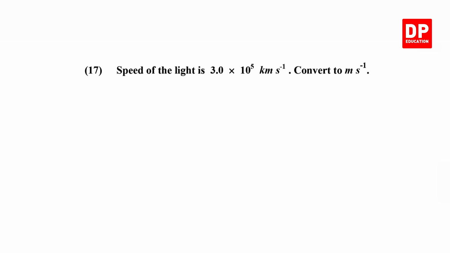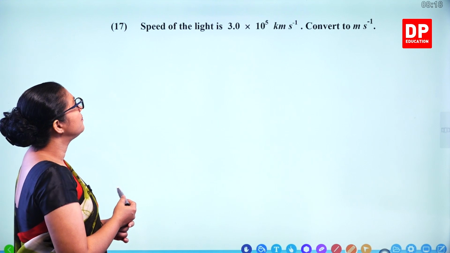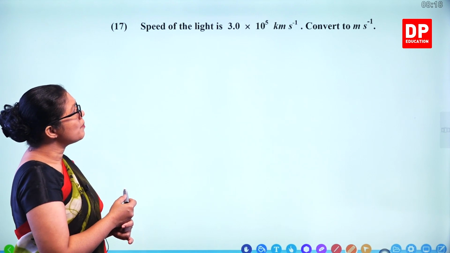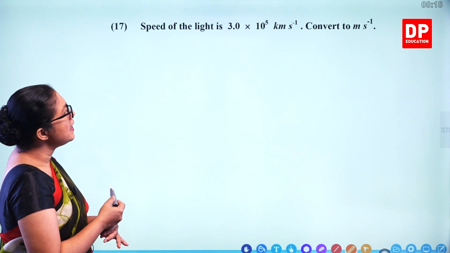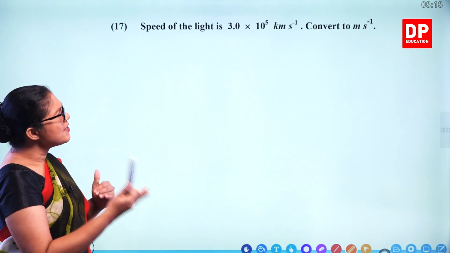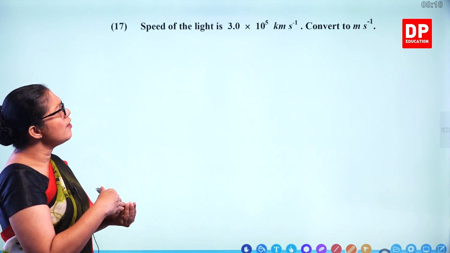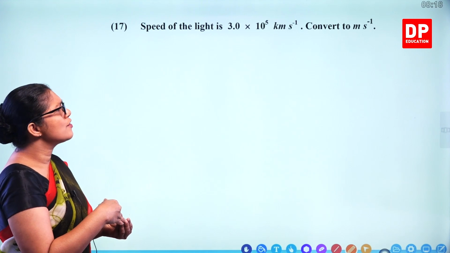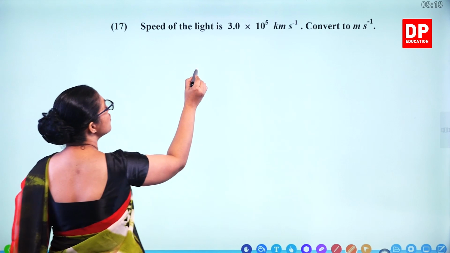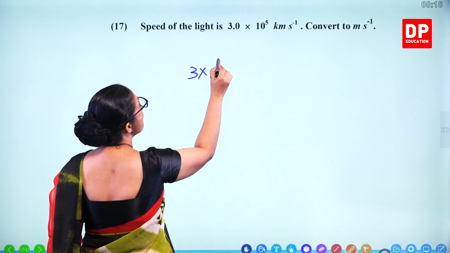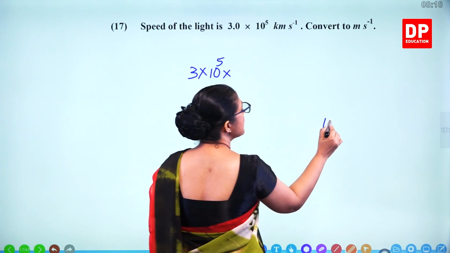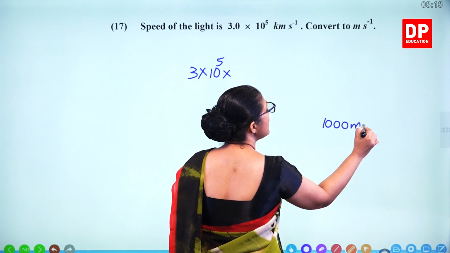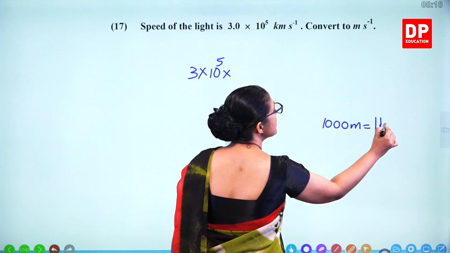Question number 17. Speed of the light is 3 into 10 to the power 5 kilometers per second. Convert to meters per second. So the time is the same, seconds. Only you have to convert kilometers to meters. So what do you have to do? You have to multiply by 1000 because 1000 meters is 1 kilometer.